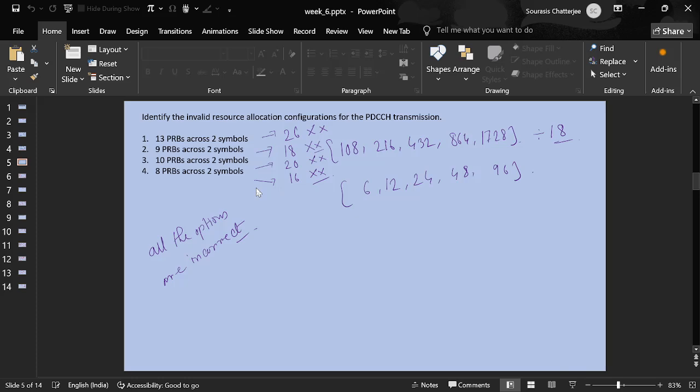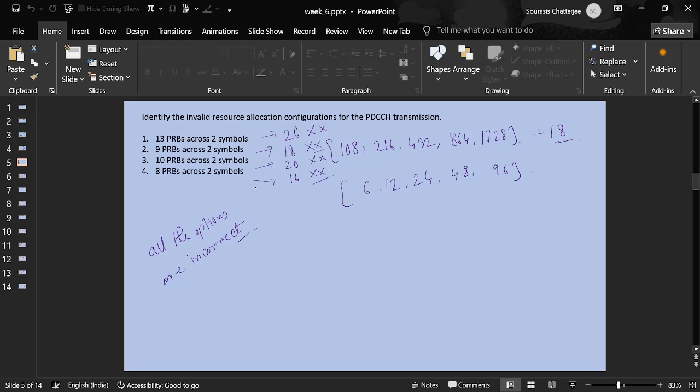The first one is about identifying the invalid resource allocation configuration for PDCCH transmission. There are multiple options across PRBs and two symbols. We have seen in the course that the number of PDCCH resource bits allocated is finite.